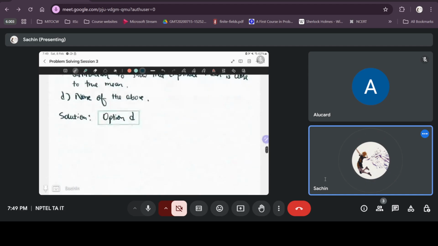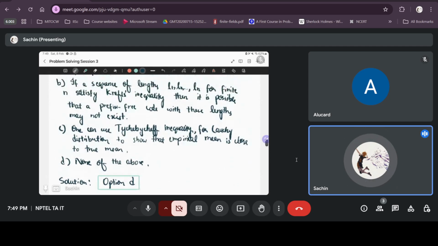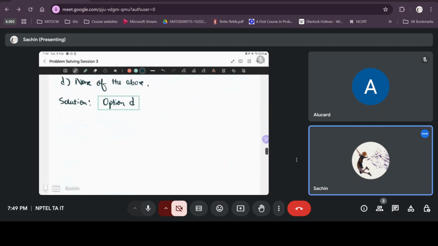Let me write down the reasons for the statements being false in the previous question.